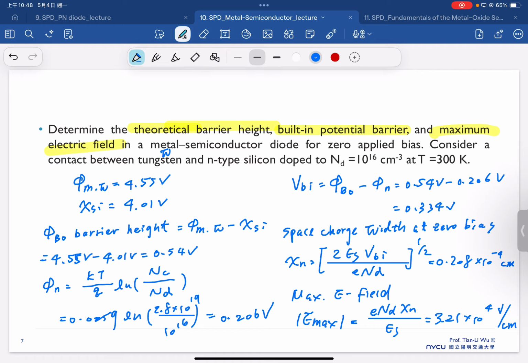So we have the VBI here, and the maximum electric field.